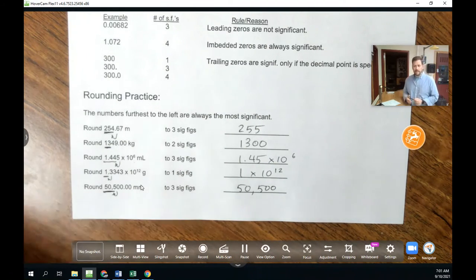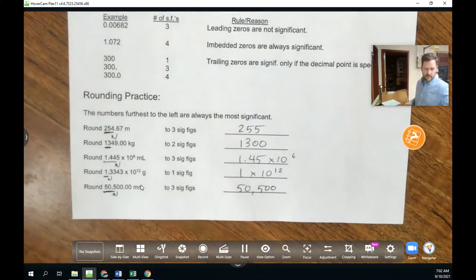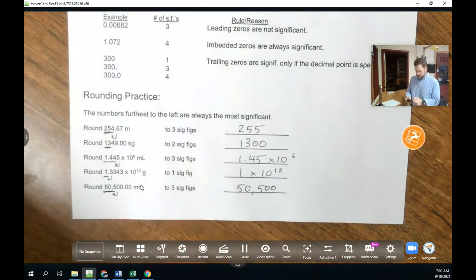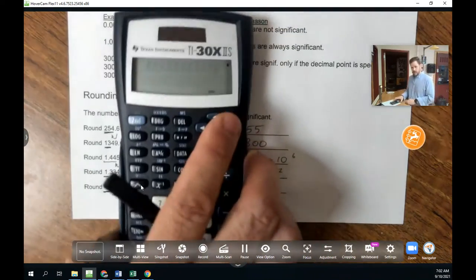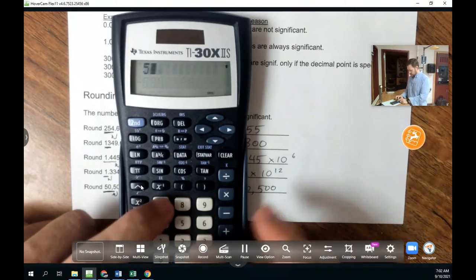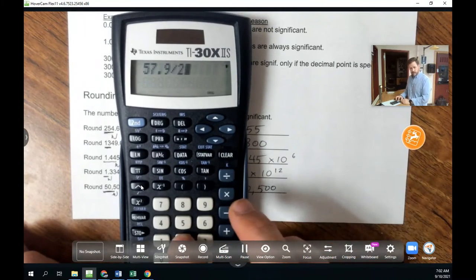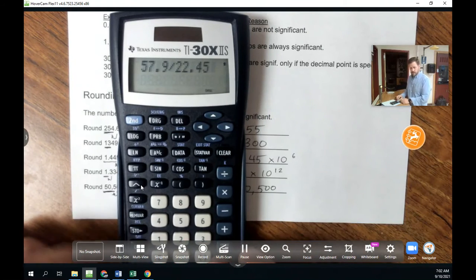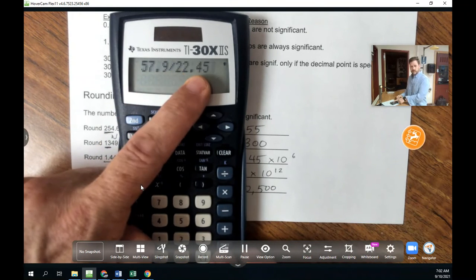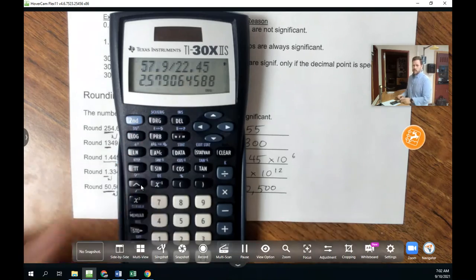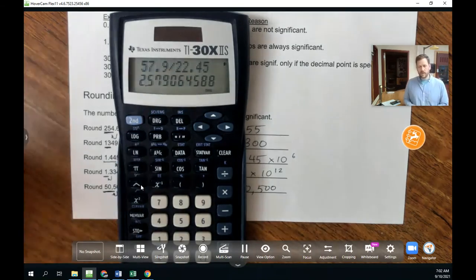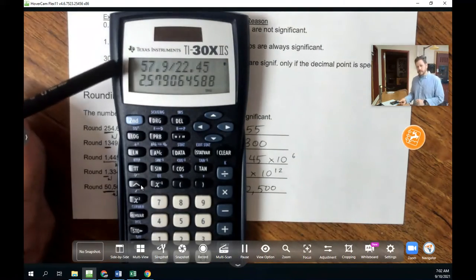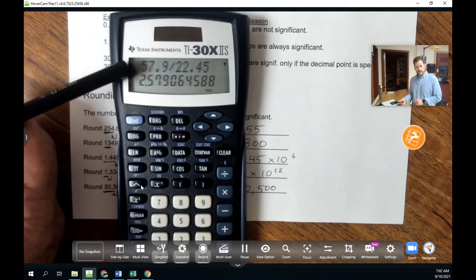Now, why might we do that? An example we looked at before was a density calculation where I think we took something like 57.9 and divided by 22.45. And you'll notice that one of those numbers has 3 sig figs and the other has 4. Well, the rules we're going to learn say that we can only keep 3 sig figs because that was our less precise number.